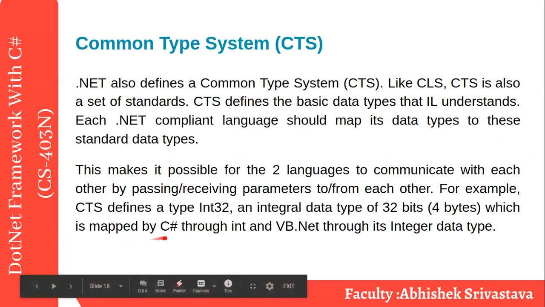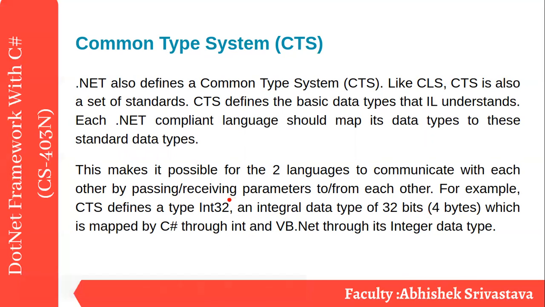It is mapped to the C# int and to VB.NET through its Integer data type. So one is Integer, one is int, and one is Int32, and they are all mapped together. That is the Common Type System. Type means data type, so all data types are generalized.